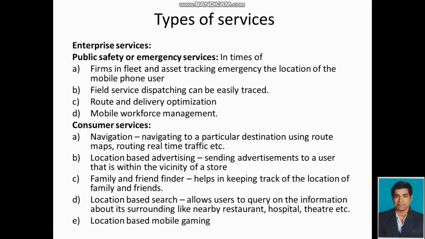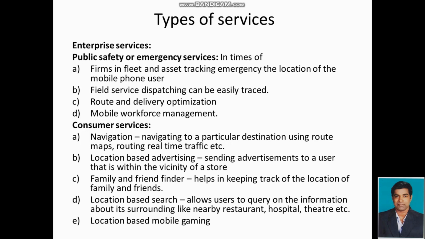In enterprise services, the first is public safety or emergency services, in times of emergency, the location of the mobile phone user can be easily traced. Second is fleet and asset tracking for firms, third is field service dispatching, fourth is route and delivery optimization, and fifth is mobile workforce management.